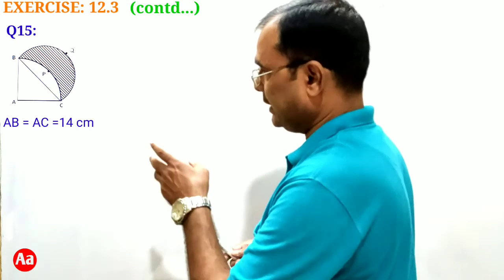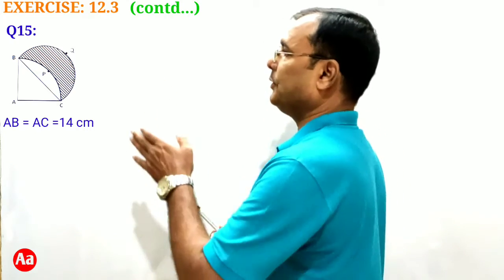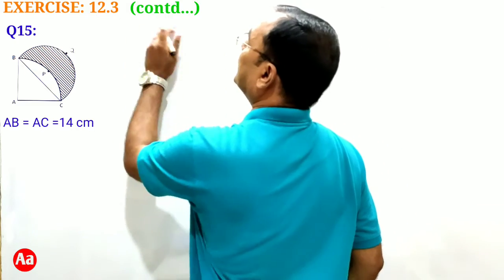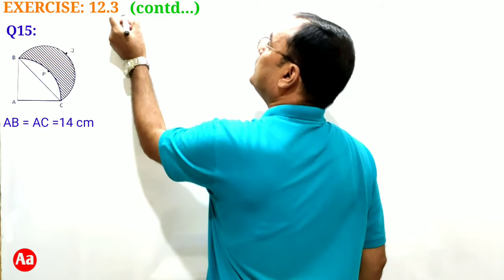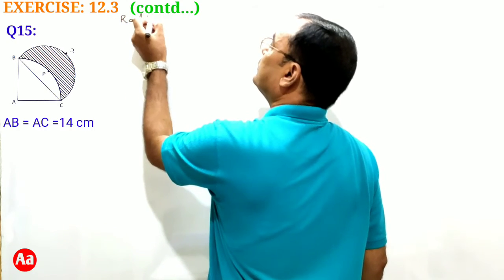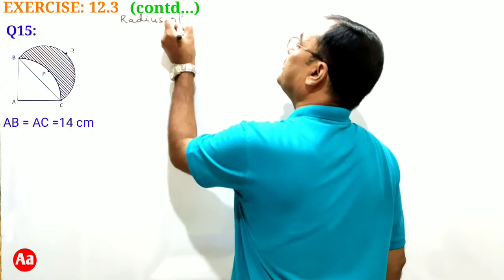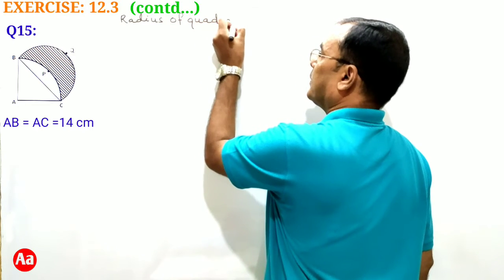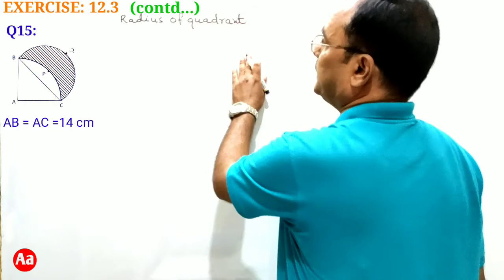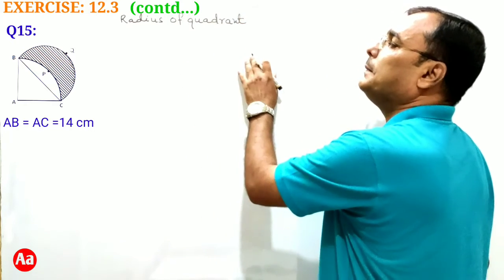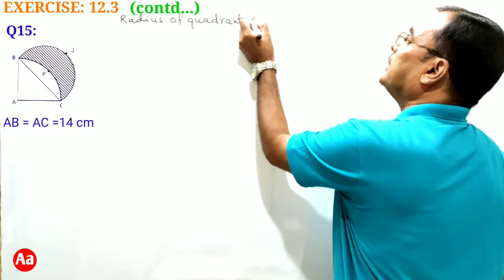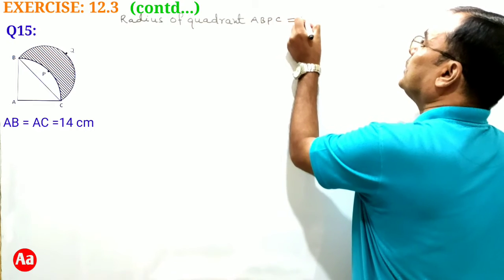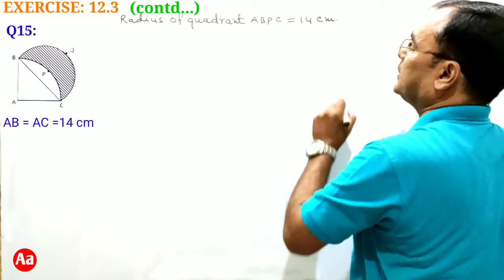Radius of quadrant ABC, or we can write ABPC, is given 14 centimeter. So let's write radius of quadrant ABPC equal to 14 centimeter.